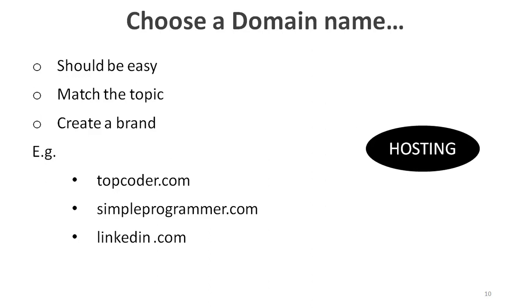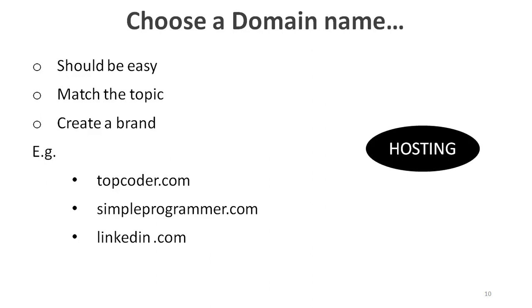First, it should be easy. It means that whichever domain name you choose, it should be easy. Then after, match the topic. Whatever topic you have decided to work on, the name should be related to your topic, so that the people could easily remember your domain name.